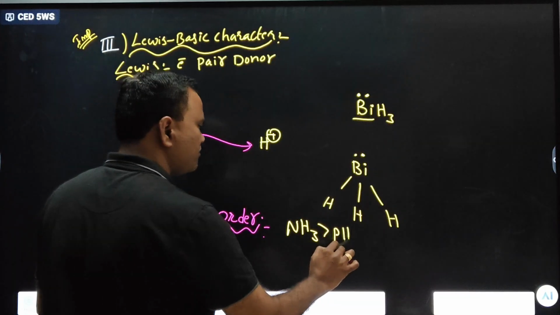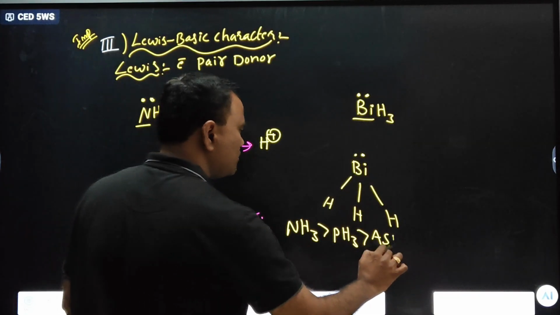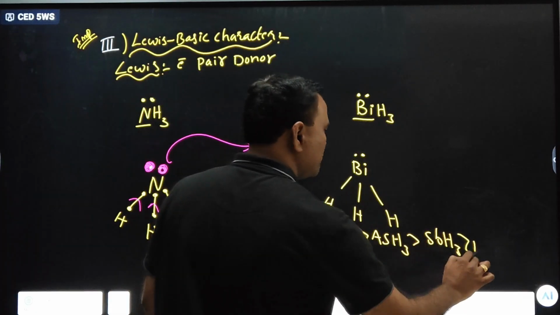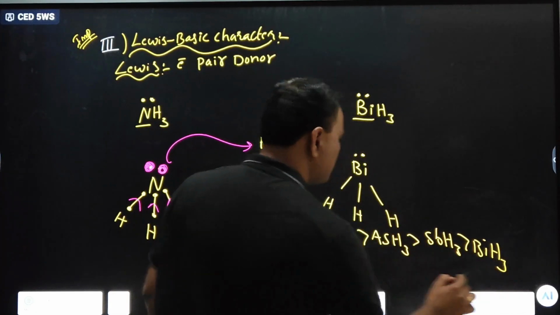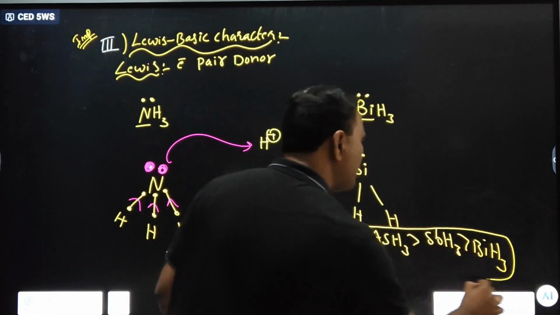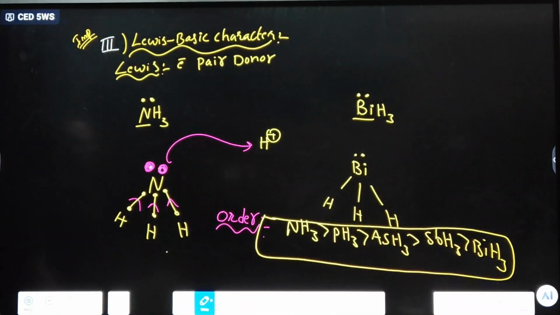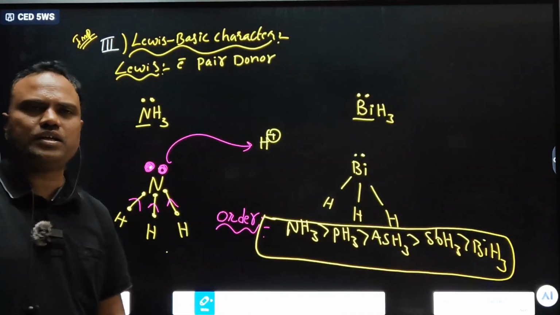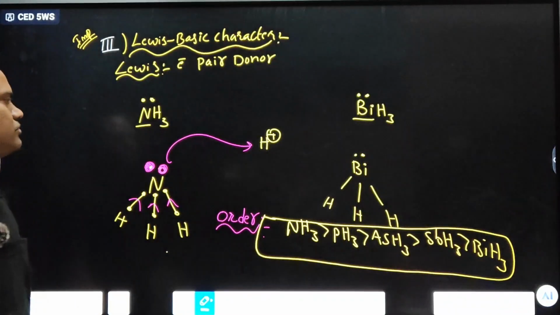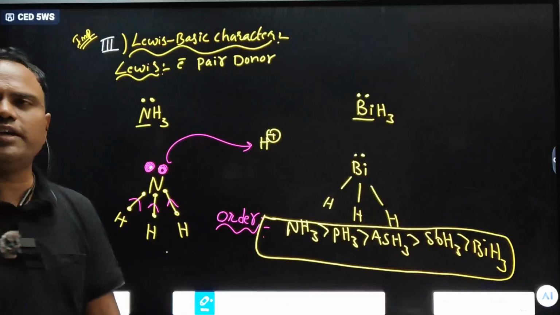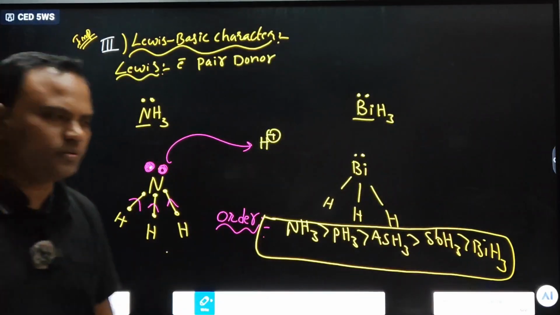NH3, PH3, AsH3, SbH3 and BiH3. For these points or explanations, we have to listen to the classes. In NCERT, they won't give explanation like this. They'll give the direct order. Adiba, okay for you?